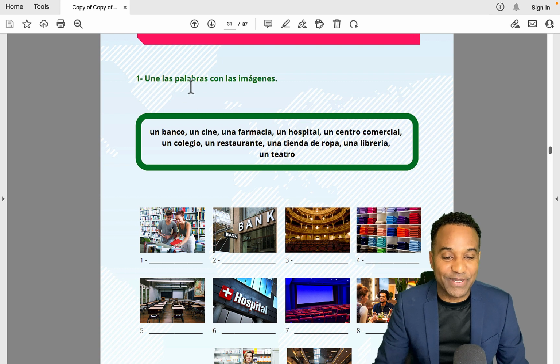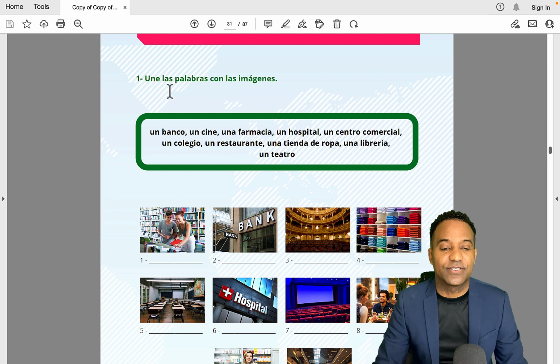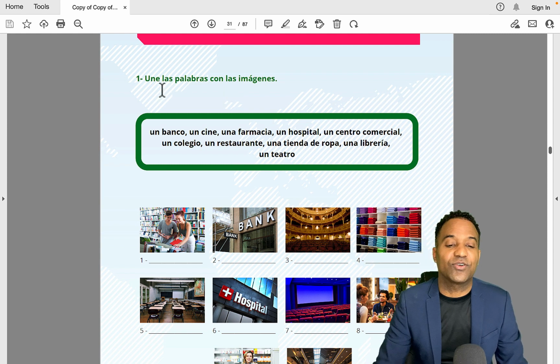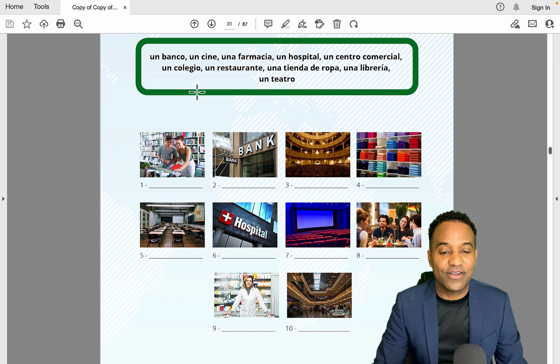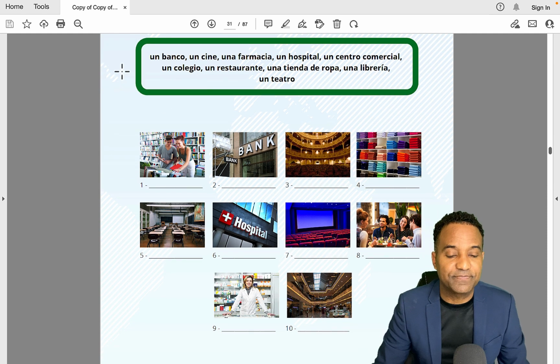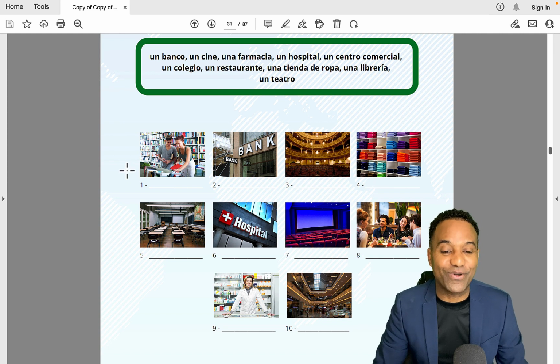Une las palabras con las imágenes. So match the words to the pictures. We have here all the images. You have here the vocabulary on the top of the book. So let's start with number 1.